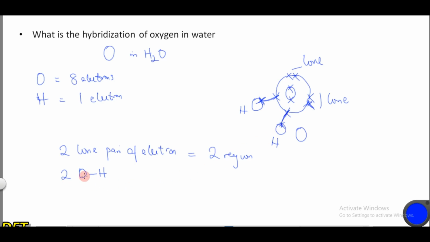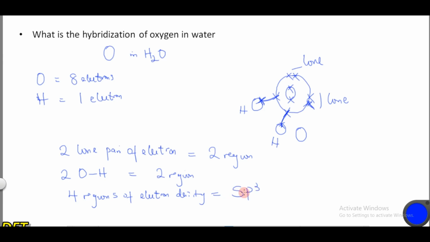So we have 2 oxygen to hydrogen single bonds, and that is equal to 2 regions of electron density. So if we add this up, that will result in a total of 4 regions of electron density.